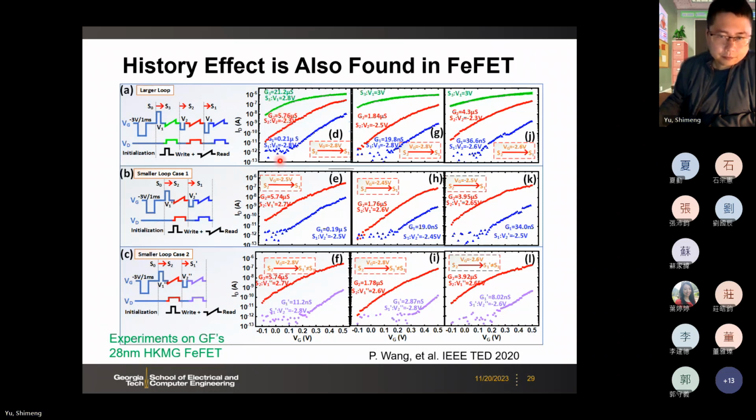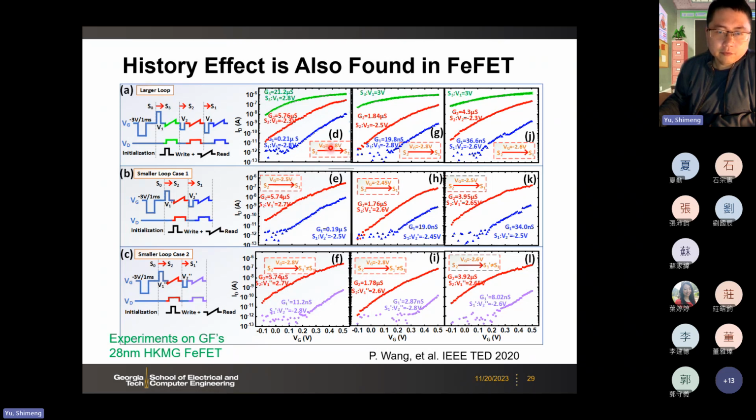So here we get a similar history effect. For example, look at this column. For the larger loop, let's say the S2 to S1 state switching, we need negative 2.8 volts. But for the smaller loop, for the S2 to S1 state switching, we only need negative 2.5 volts.